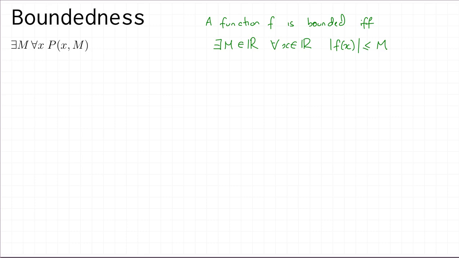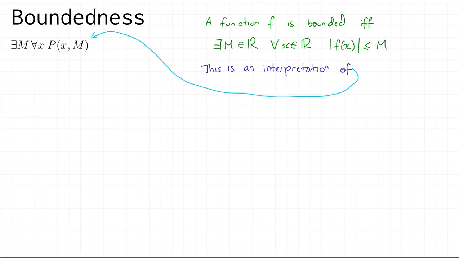So this is an interpretation of a first order formula, specifically this first order formula over here. Exists m for all x p of x m.